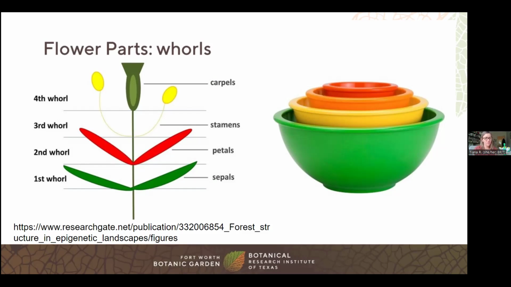Okay, back to our flower. We're talking about the outermost whorl, and that is the sepals. Protective, protect the bud. All right. If you're looking at these nesting bowls, let's remove the green one and start looking at the yellow, and I apologize that these colors don't correspond across the two images on the page. So the next innermost whorl inside the sepals are our petals, right? This is pretty much what you think of.